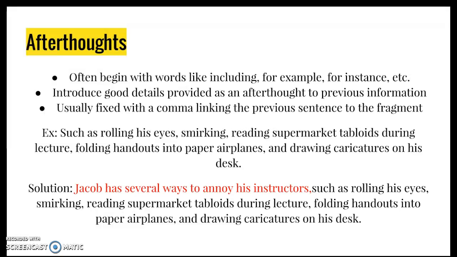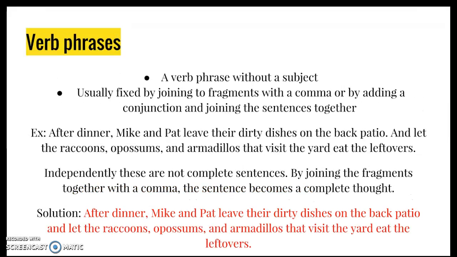So we would fix this by joining the previous sentence in the paragraph, making it, "Jacob has several ways to annoy his instructors, such as rolling his eyes, smirking, reading supermarket tabloids during lecture, folding handouts into paper airplanes, and drawing caricatures on his desk."